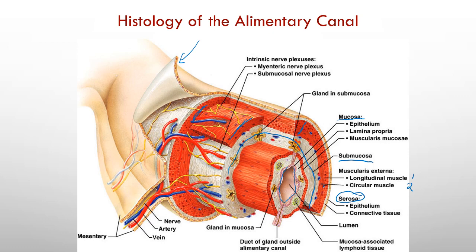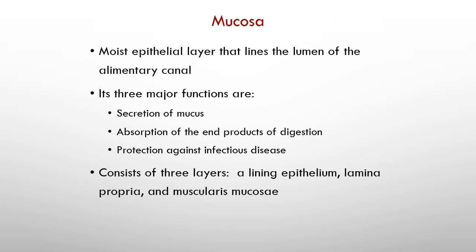If we were a piece of food traveling through the digestive tract, that's the portion we would see, the epithelial layer of the mucosa. It has a thin layer of muscle right in there called the muscularis mucosa as well. Again, that travels all throughout the digestive tract, from the esophagus all the way down to the anal canal.